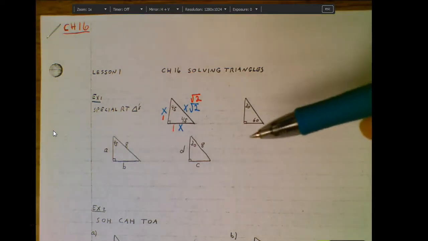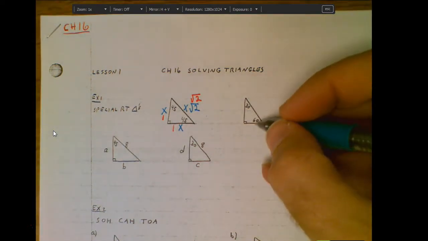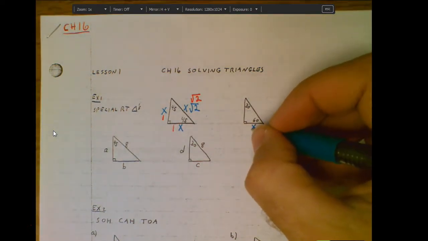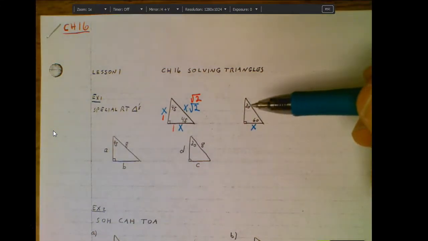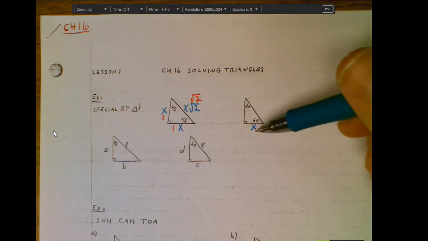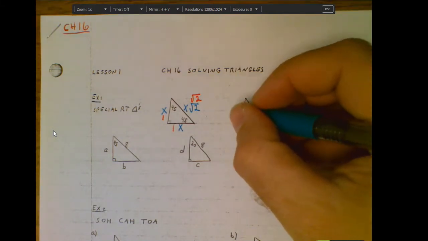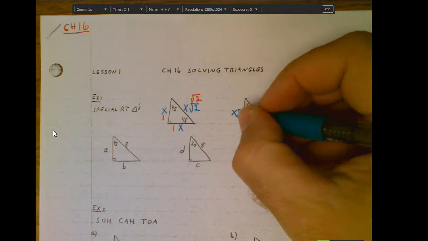If you look at your 30-60-90, the short leg is always across from your smallest angle, which is 30 degrees. Your long leg is always across from the 60-degree angle. And the ratio from short leg to long leg is that we multiply by the square root of 3.